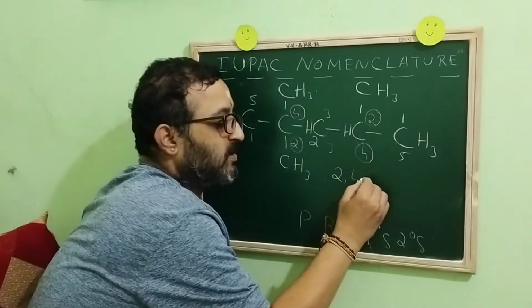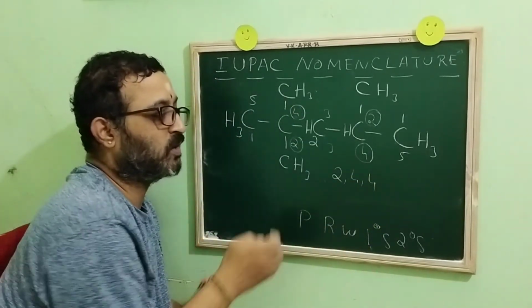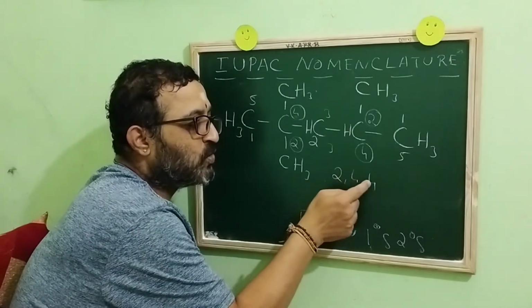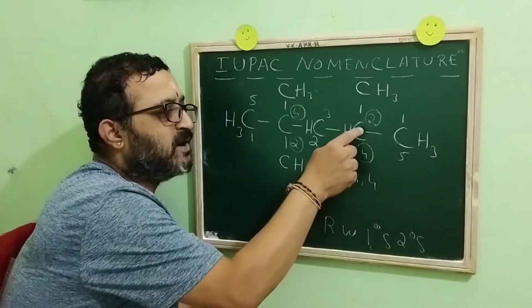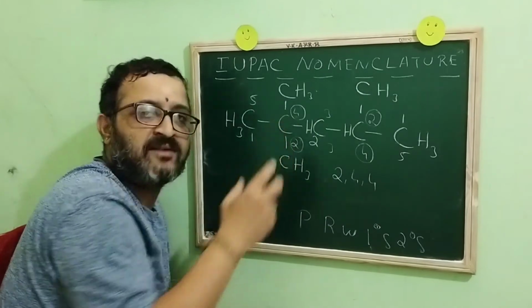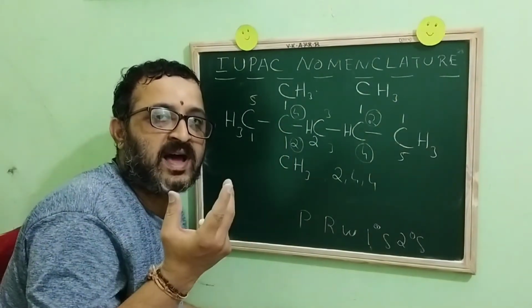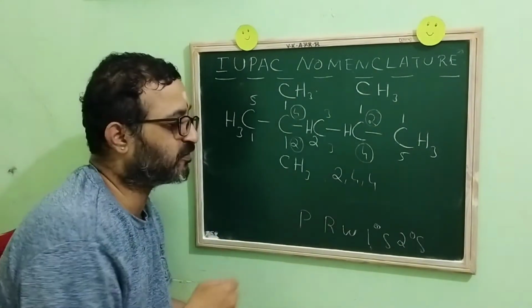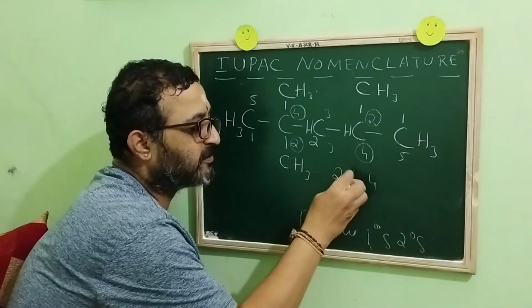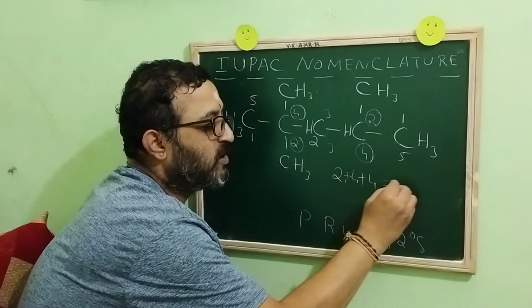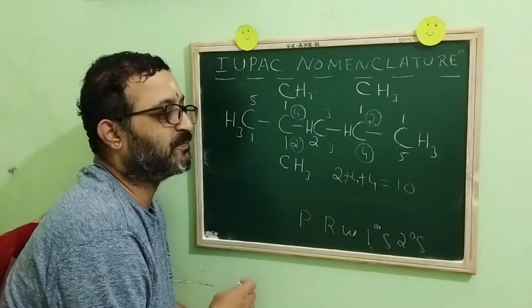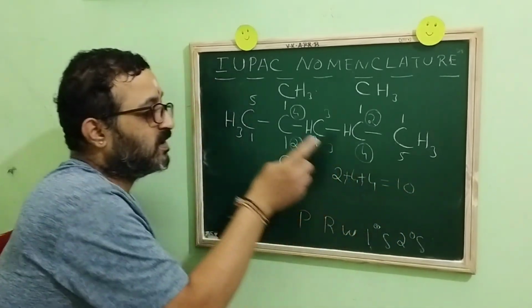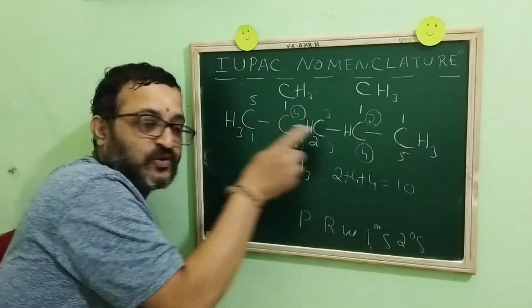Fourth one. So it is 4. Now, what is this? 2, 4, 4. Sir, this is the numbers what we have assigned to the carbons containing what groups? Substituent groups. So 2 plus 4 plus 4 is equal to what? 10. Right? Now, I will consider left to right.